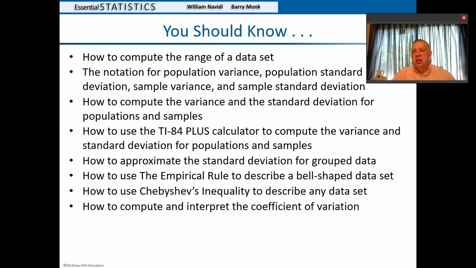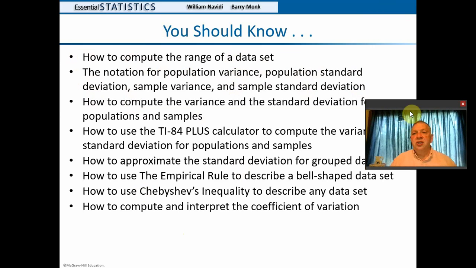Okay. So that basically finishes up 3.2. This is from all of the objectives that we've worked on. We found out how to compute the range of a data set, that's the max minus the min, the largest minus the smallest. The notation for population variance is sigma squared.